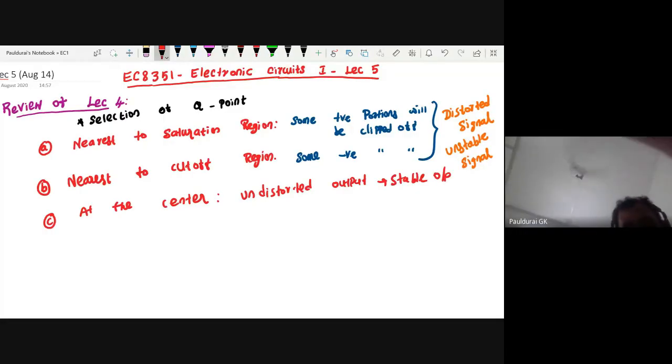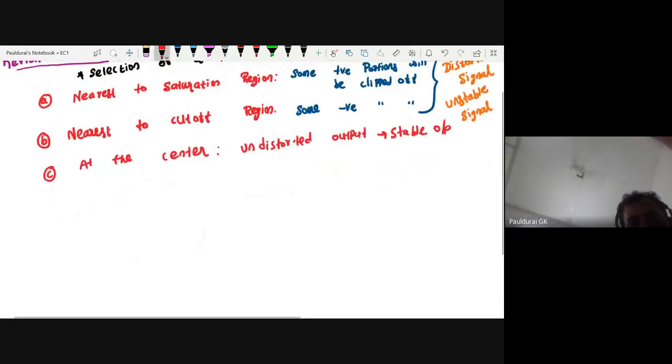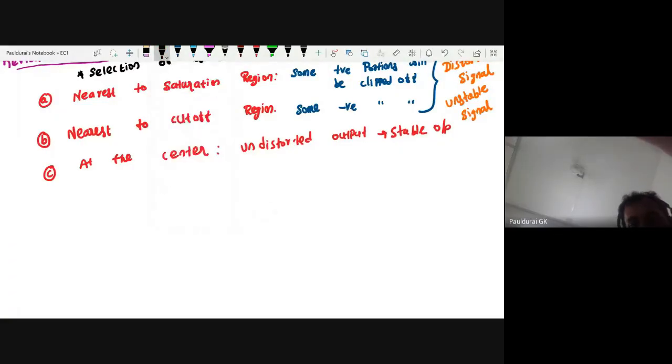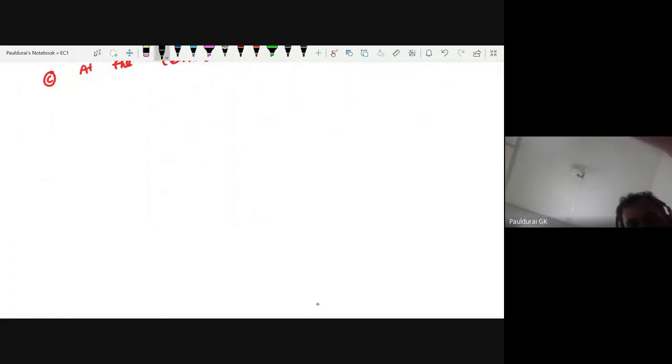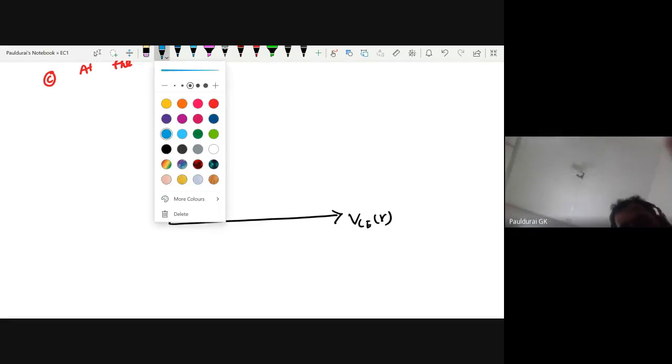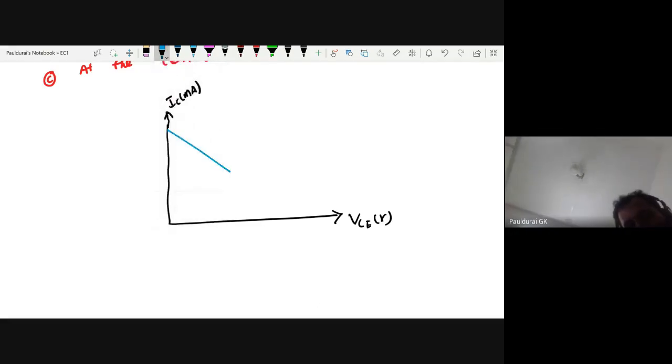Right. So let me draw that once again. Take case 3. This is my DC load line, with the X-axis VCE in volts and the Y-axis IC in milliamps.